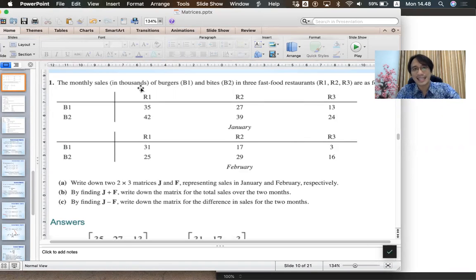The monthly sales in thousand of burgers and bites. Burger called as B1 and bites as B2. But burger, I think we already know about the burger. If you see SpongeBob, then Krabby Patty is also a burger. And bites, there are several food that may be interpreted as bite. In some countries, bites mean like a food finger or the small food that you can eat per bite.